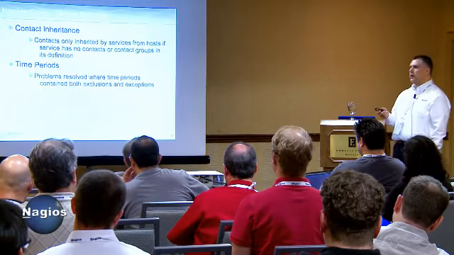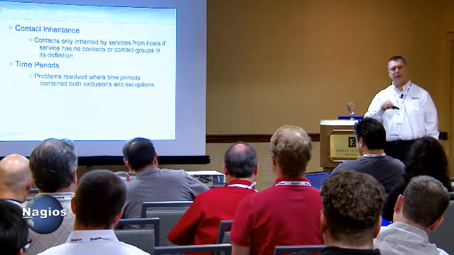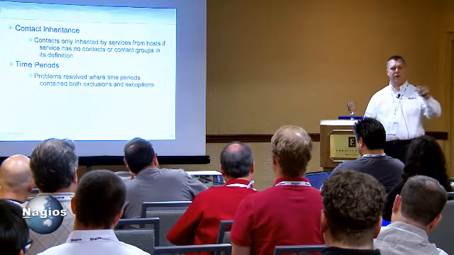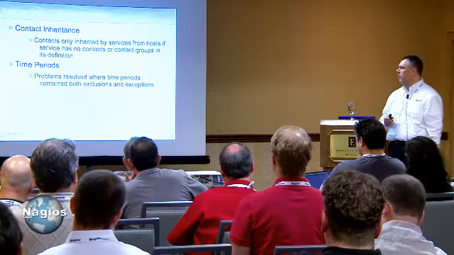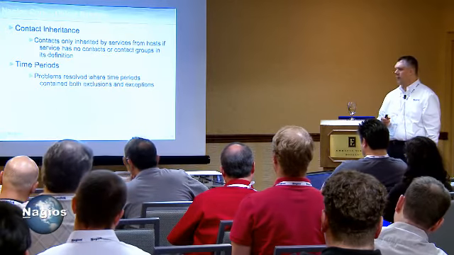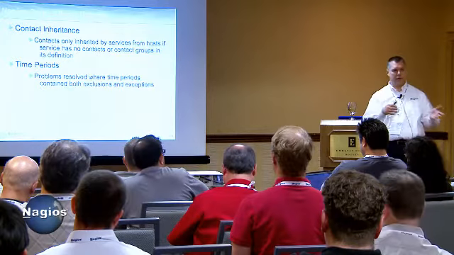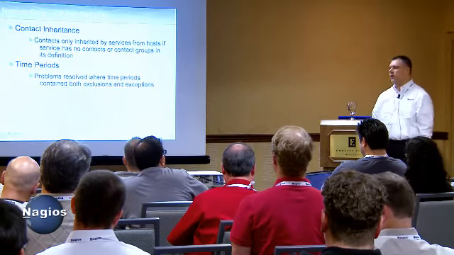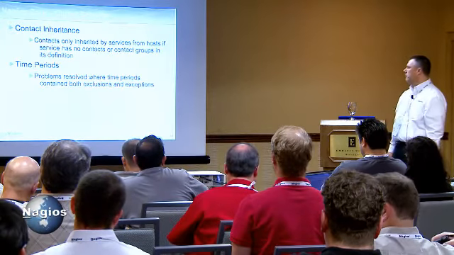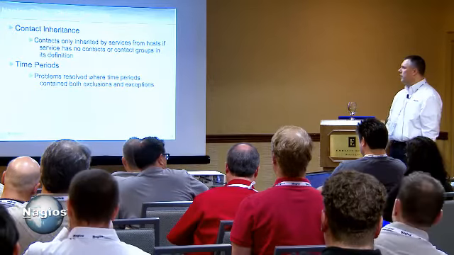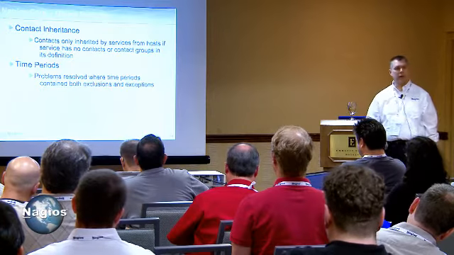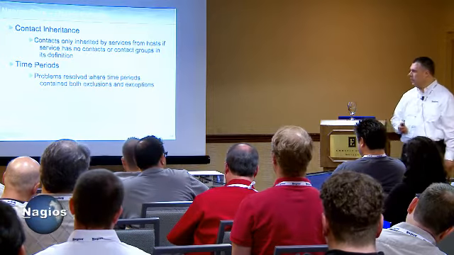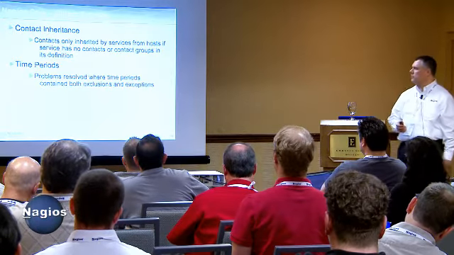It used to be that if a service had no contacts but had contact groups, it would still inherit contacts from the host. It's been changed now so that if a service has any contacts, whether from contacts directly or contact groups, it does not inherit from the host. There have also been some problems resolved with time periods when the time period included both exclusions and exceptions.